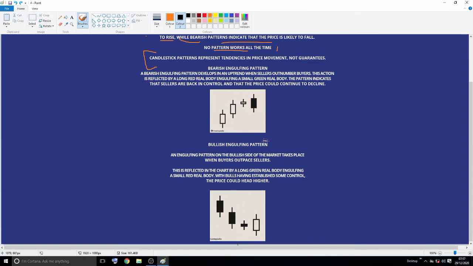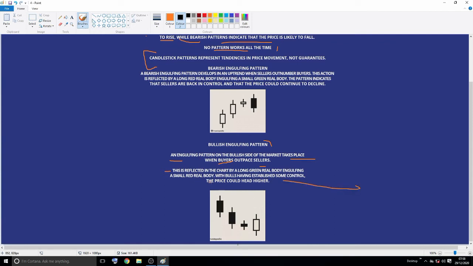A bullish engulfing pattern is an engulfing pattern on the bullish side of the market that takes place when buyers outpace sellers. This is reflected in the chart by a long green real body that engulfs a small red real body, with bulls having established some control.